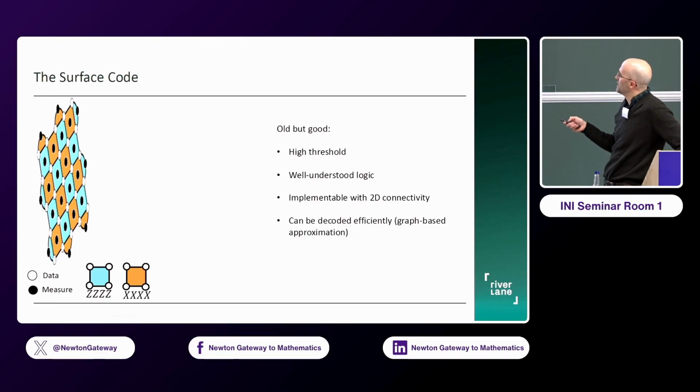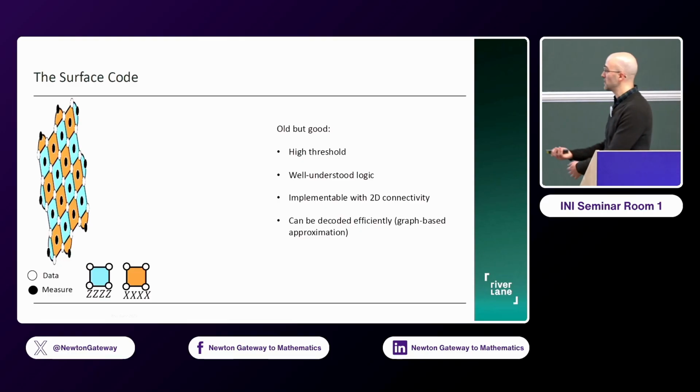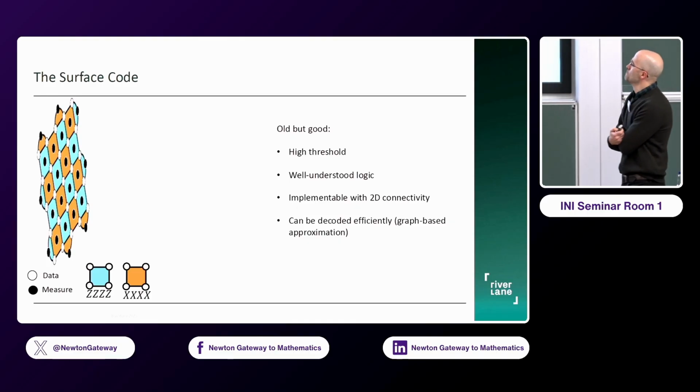And they are connected by these plaquette operators, of which there's two kinds, blue and orange in my conventions. And these operators are the operators that we measure continuously when we're doing quantum error correction, and they are the operators that will detect the errors.